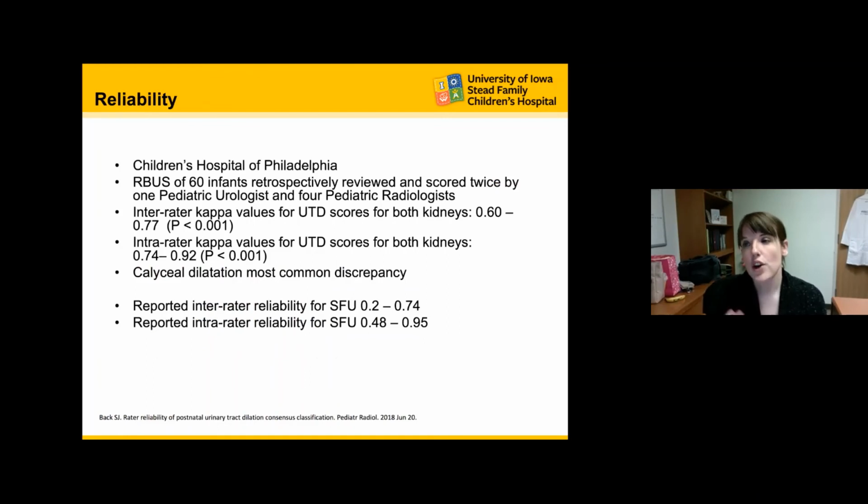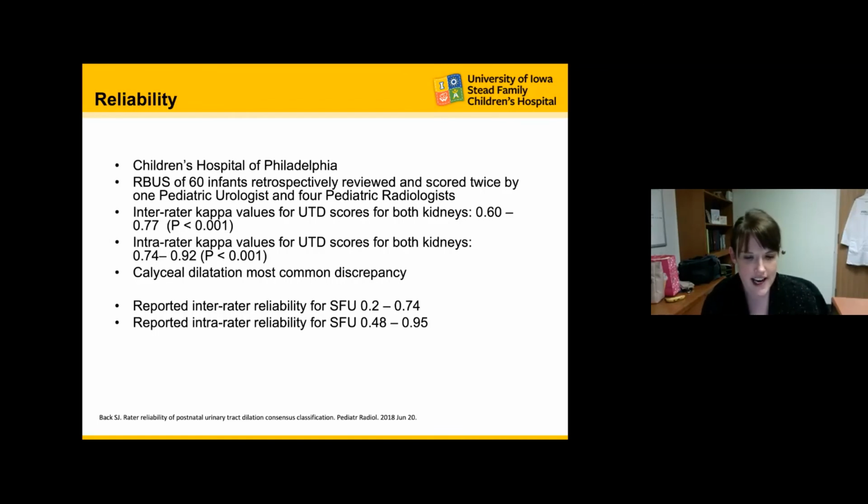Okay, so is this classification system really any better than the previous classification systems? I think the answer to this is that time will tell, but it definitely brings more of the variables that could portend a poor prognosis into the mix.